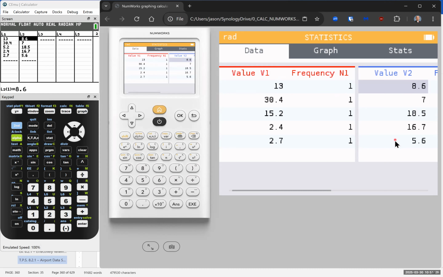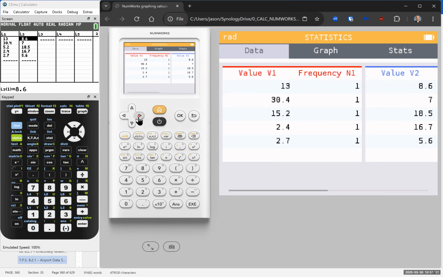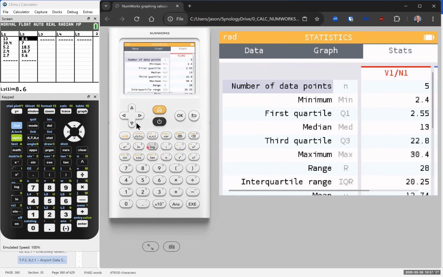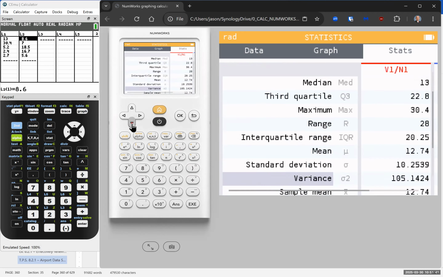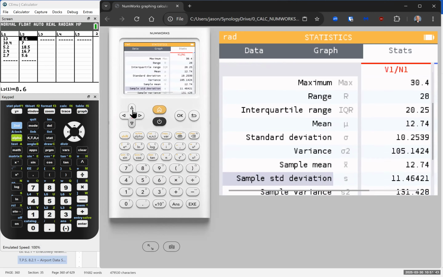To get our x bar and s, go to the stats tab here, where we have sample mean and sample standard deviation.